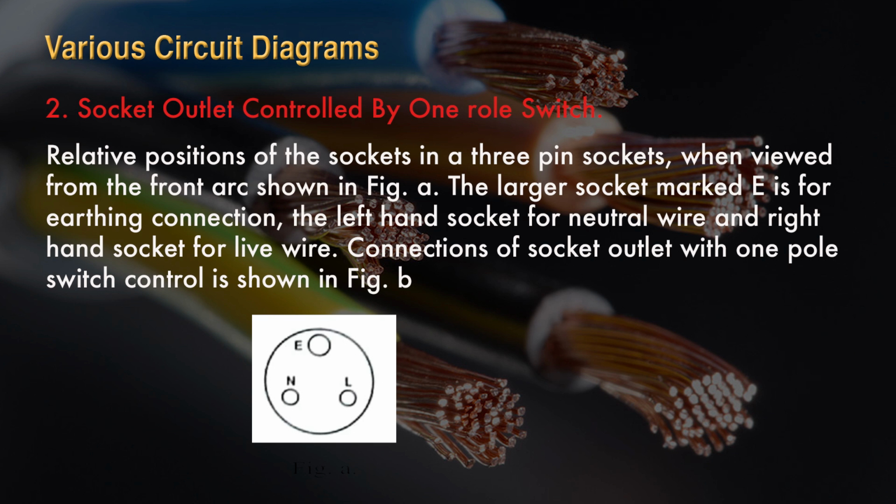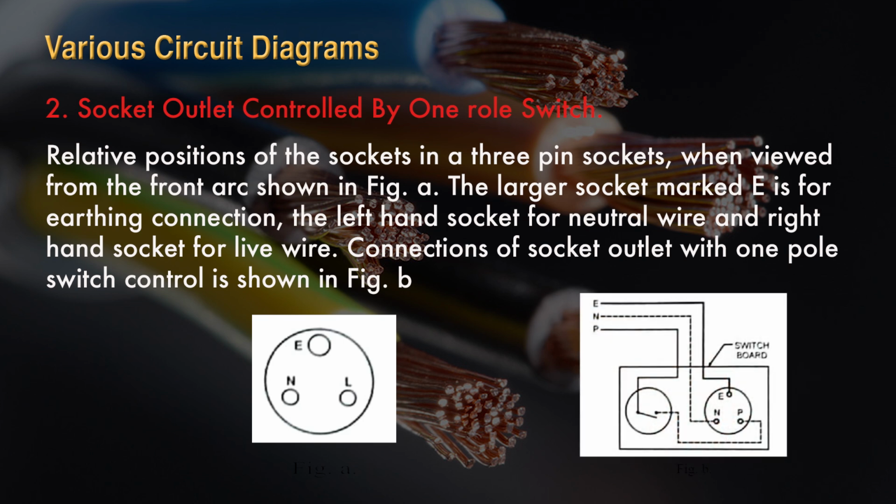If area is more, resistance is less. So in case of any short circuit or fault, what will happen? Current will start to flow through the earth, because current always flows through the least resistance path. That's why the earth pin has a larger diameter in comparison to the neutral and line.